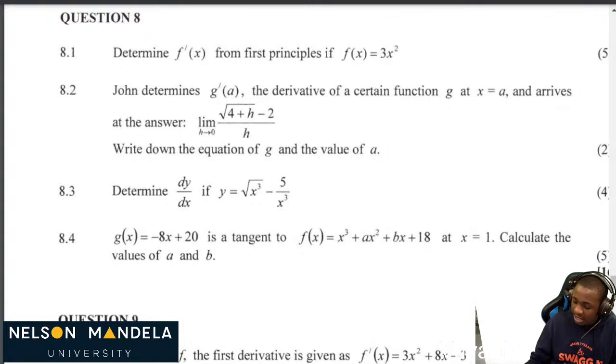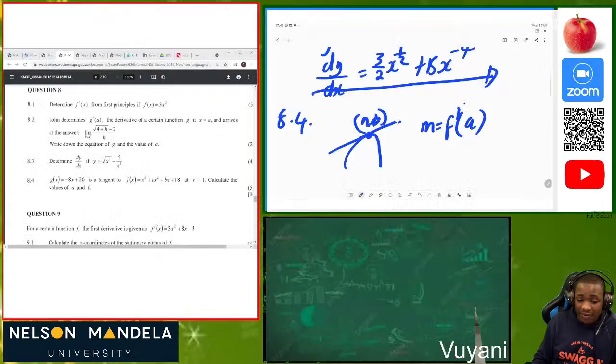I still remember when I said that if this is your graph and this is the point, this is the tangent, the gradient of the tangent is the same as f prime of x. Let me just say a here is the x value of the point. So the gradient of the tangent is equivalent to f prime of a.